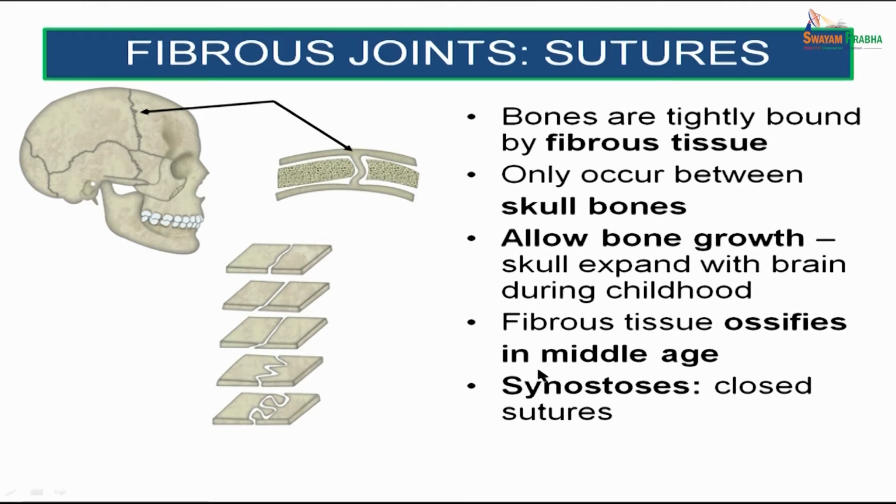But what is important is after a certain age or after middle age, this fibrous tissue which is joining the two bones on the sides, this central tissue, this ossifies. This is called synarthrosis, and then we say that the sutures are closed.